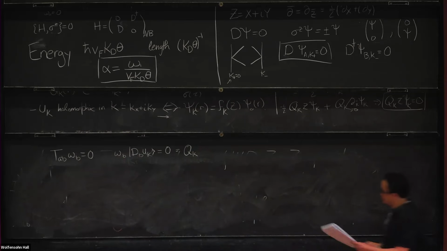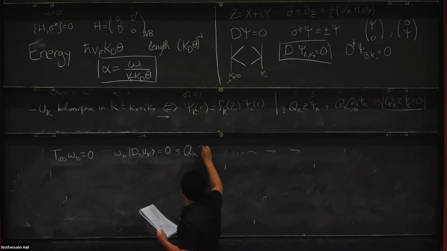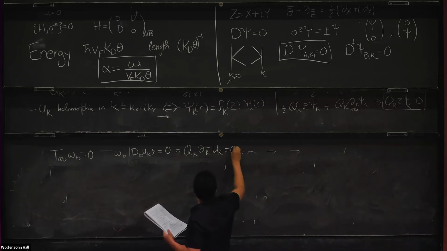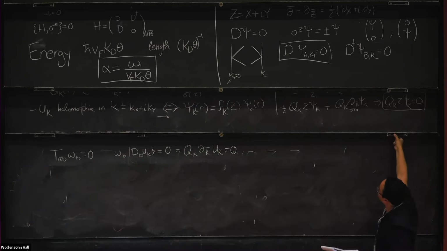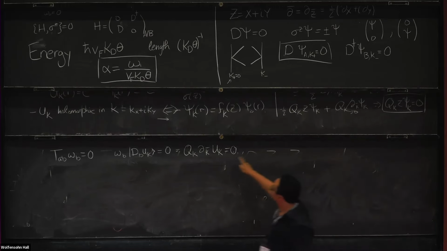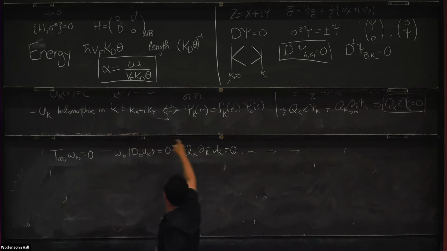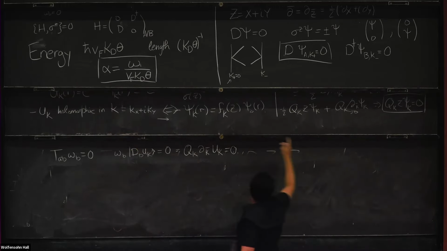So what we will get is exactly d_k-bar u_k equal to 0. And that's precisely the condition that we wrote above, that led to u_k being holomorphic and psi_k having this holomorphic structure in real space.